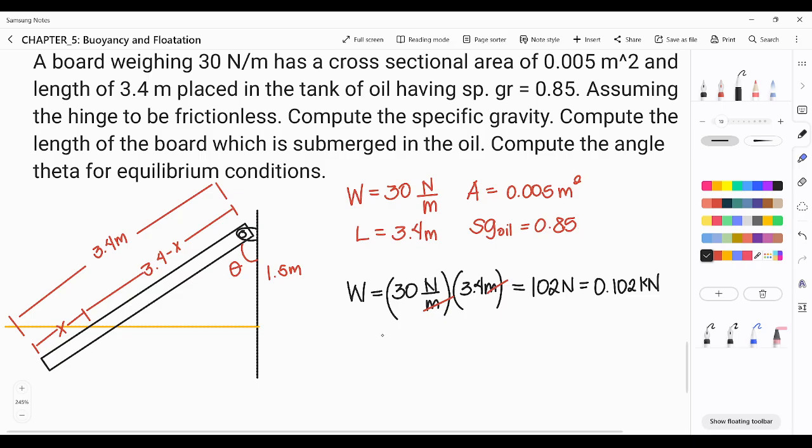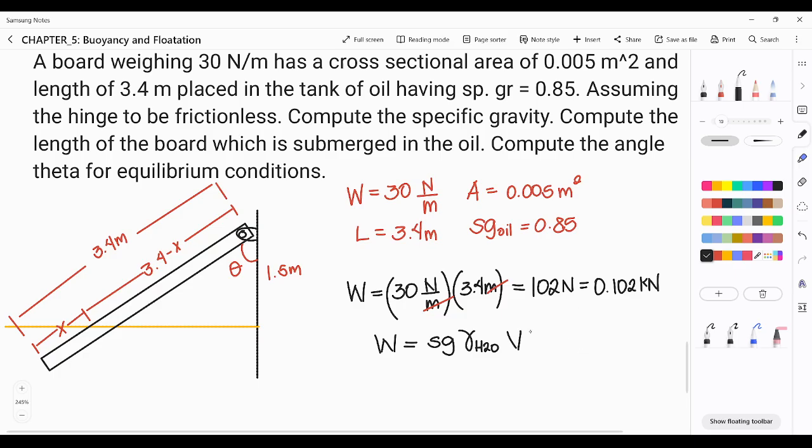Alam natin this formula. The formula for weight in terms of specific gravity is weight is equal to the SG of the object times the gamma of water multiplied by the volume of our object. In this case, yung volume ng wood, ng board. Yeah.